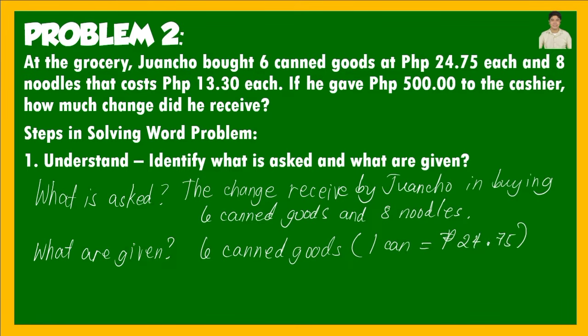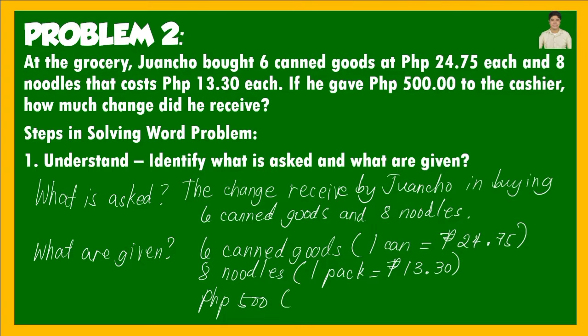And then, yung noodles naman, so 8 noodles, and then 1 pack cost 13 pesos and 30 centavos. And then, 500 pesos. Ito yung money at first. So, bago siya bumili, meron siyang 500 pesos.